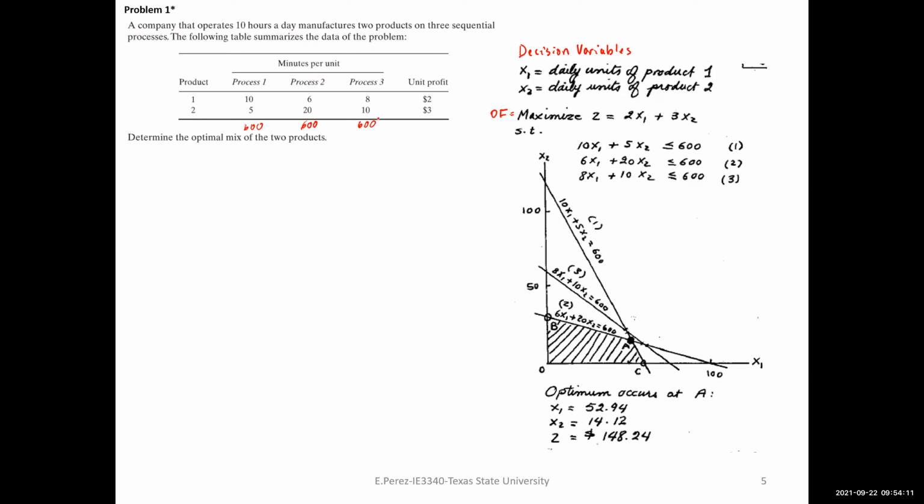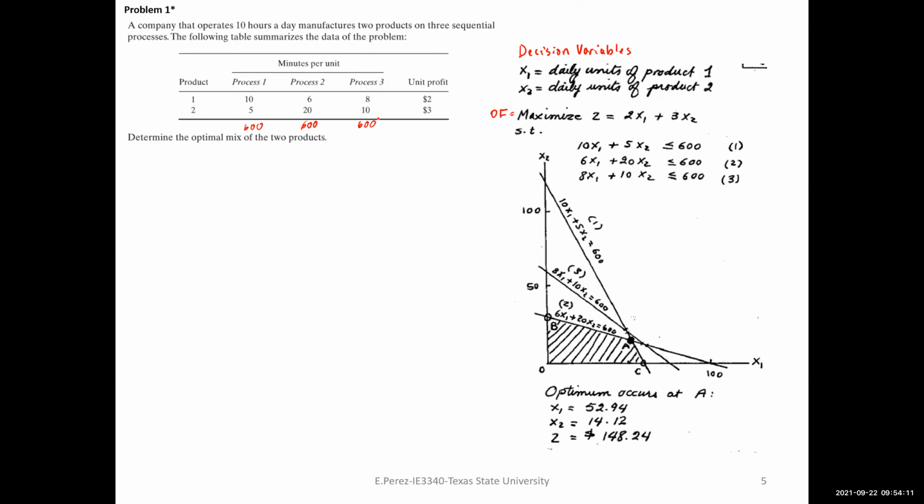If I substitute 0 here, then I have 5x2 equals 600, and then x2 equals 120.